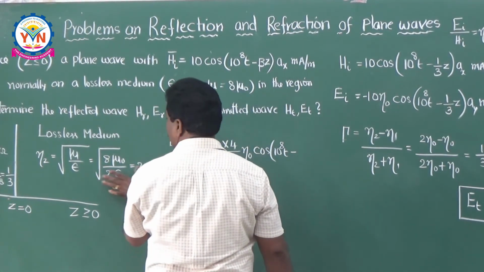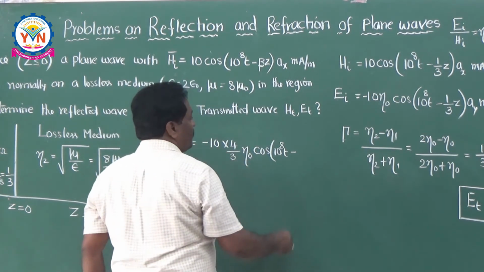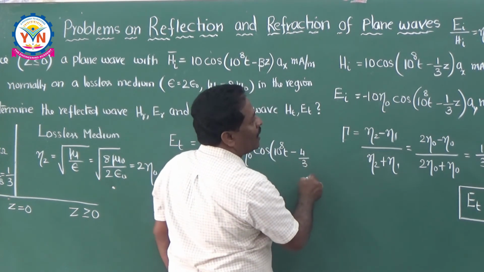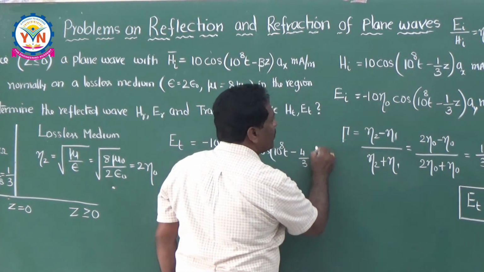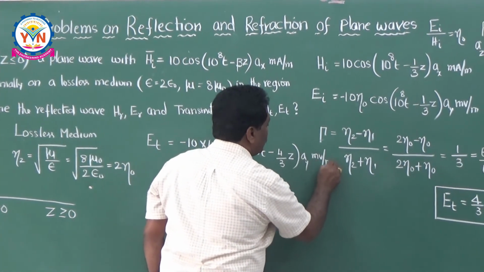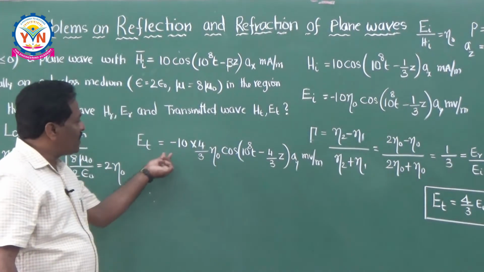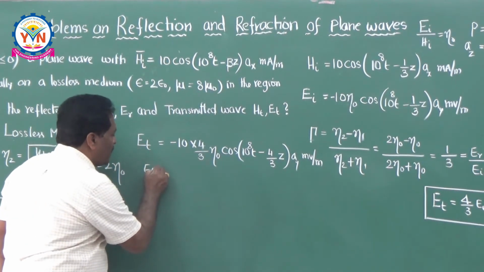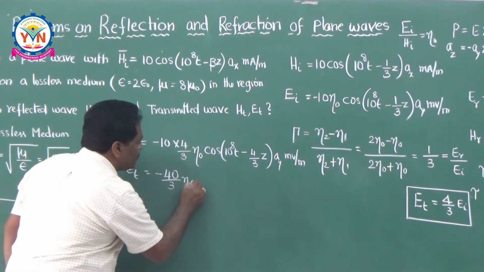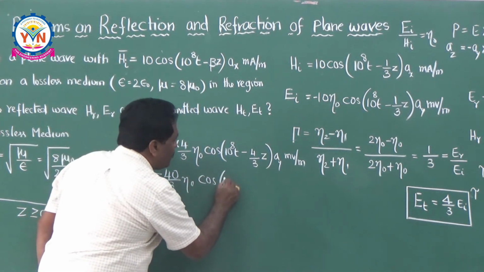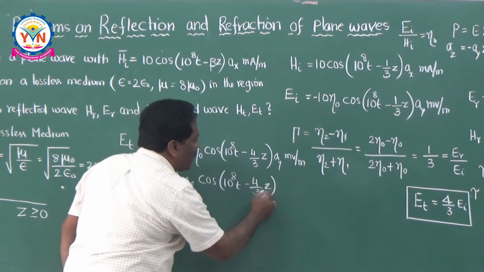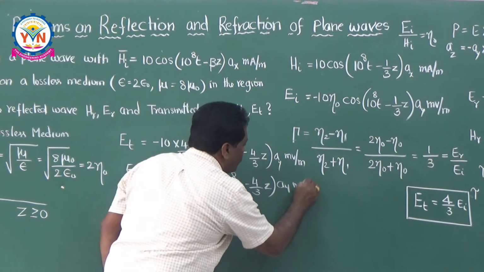What is beta 2? Beta 2 is 4/3, into z into ay millivolts per meter. So ET is equal to minus 40/3 E naught eta naught into cos of 10 power 8 t minus 4/3 into z into ay millivolts per meter.